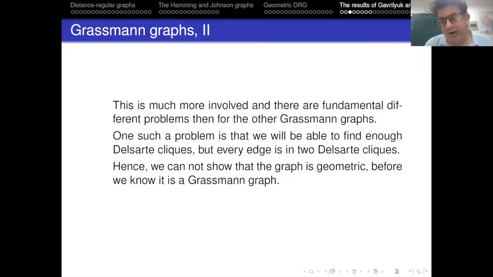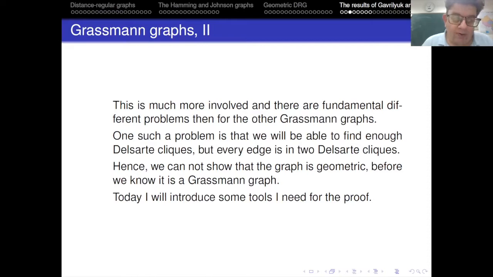So we cannot prove the graph is geometric, I think, until we know that it is a Grassmann graph. Then we know it is geometric, but I don't think that it is possible with the method we used earlier. So I will introduce some tools I need for the proof, and I will enter some conjecture today.